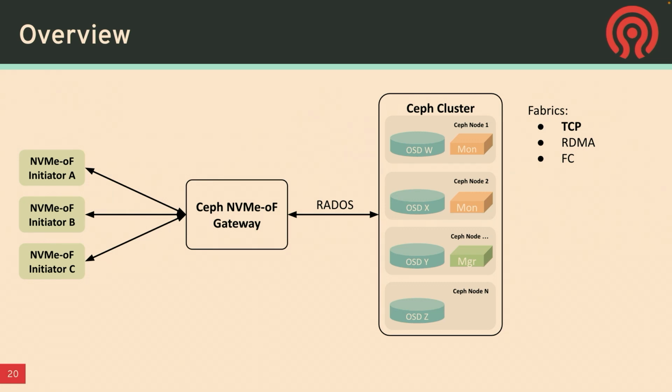As you probably noticed, before, all the data path went directly to the Ceph cluster, and here we're adding a hop on the wire. We're going to support many types of fabrics, but as Ceph is most commonly deployed with TCP, we care mostly about TCP. But because we use SPDK, we'll also have built-in support for the other fabrics.